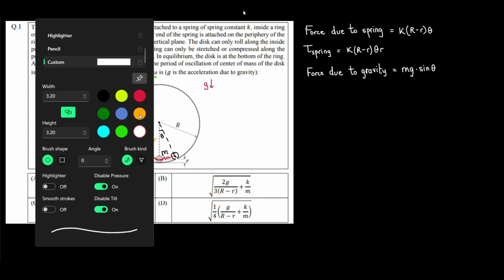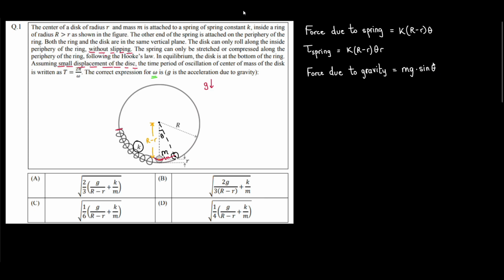But here, since theta is very small, we can approximately write sine theta as theta. And so the torque due to gravity will be equal to mg theta into small r.